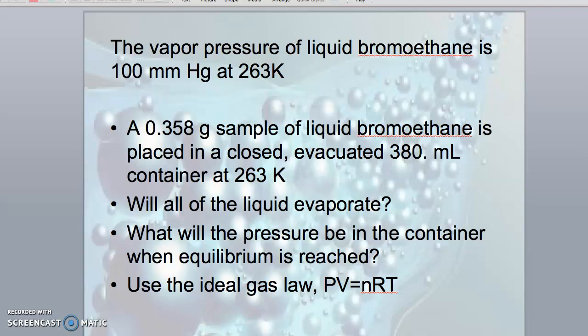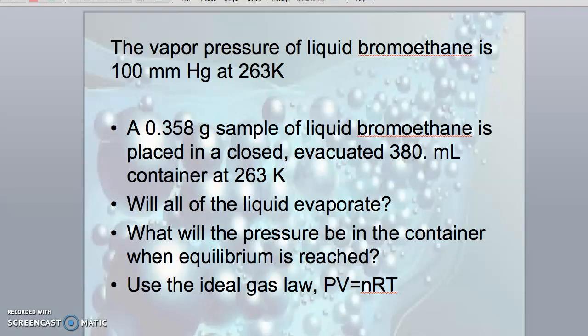Now, the problem here, we have a vapor pressure, like the first line, and I broke it out here because this is really like the law. The vapor pressure of liquid bromoethane is 100 millimeters mercury at 263 Kelvin. That's a fact. That won't change unless the temperature changes.